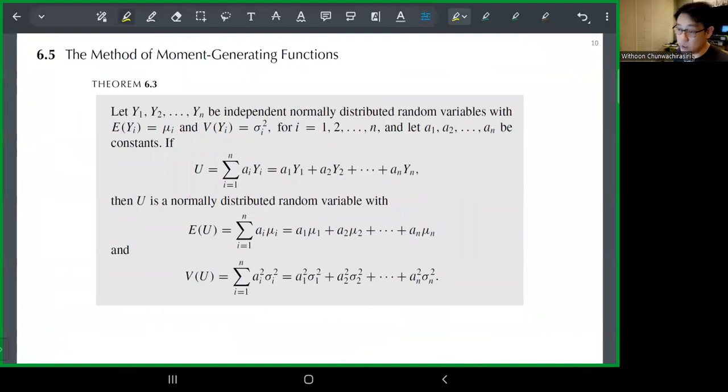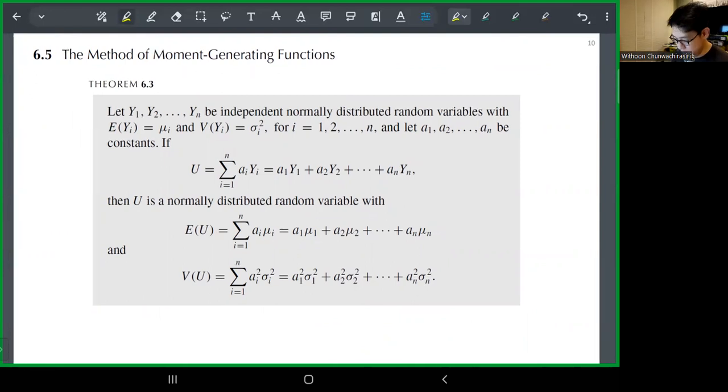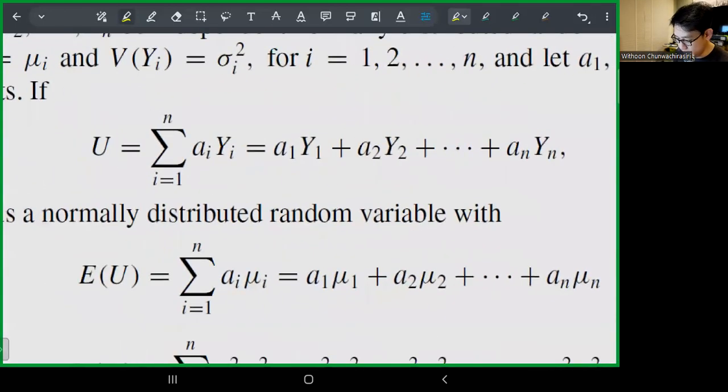All right, so this is going to be an extra theorem that allows you to extend not only a pure summation, but now you can do a linear combination of those Y's. So that means U has a little bit more complicated form, but it's still a linear summation anyway, so you're allowed to have some coefficients in front of each Y. So it's going to be a1 Y1 plus a2 Y2 all the way to an Yn.